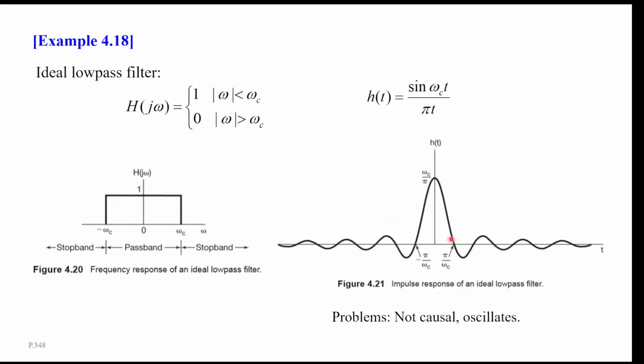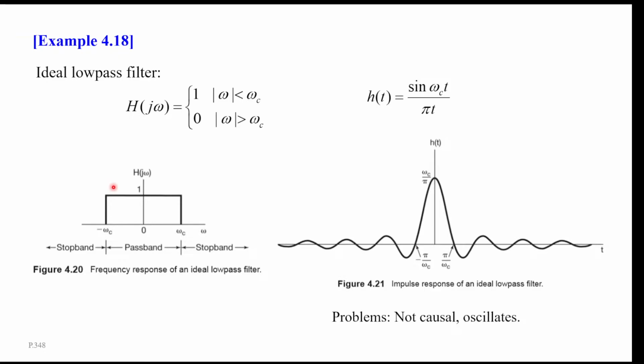So first, it's not causal, because this h of t has a value when t is bigger than 0, and also it oscillates. Oscillating means that it doesn't converge very nicely, and that kind of corresponds to when you do Fourier transform in a finite region, you always get Gibbs phenomenon at the edge.